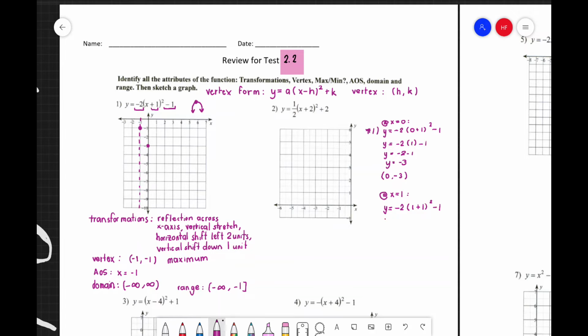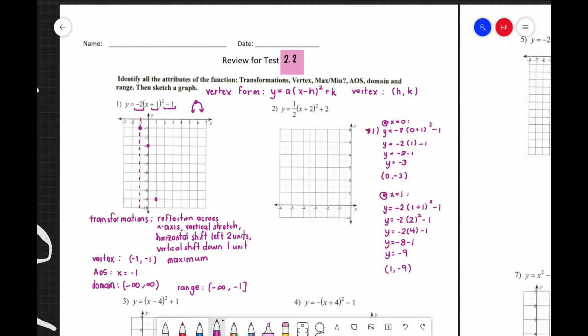So that means we've got -2 times 2 squared minus 1. -2 times 4 minus 1. And -2 times 4 is -8 minus 1, which is -9. So we would have the point (1, -9). We go over to 1, go down to -9.